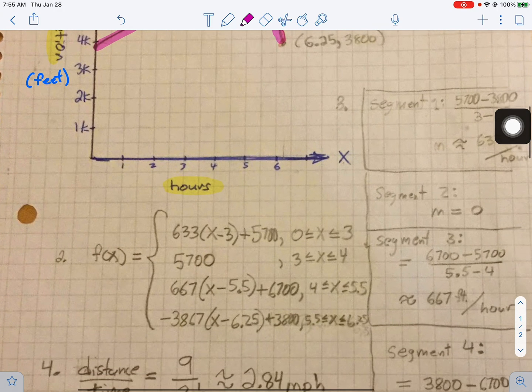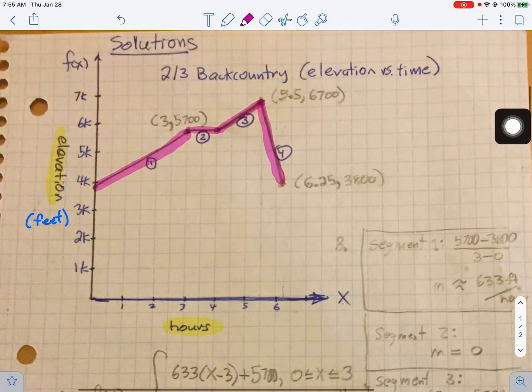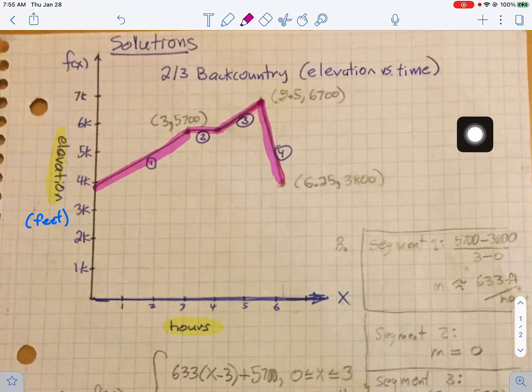And then from that, we can create a piecewise function here. The first function, I use point slope, 3, 5,700, which if you look at this, you can see there's a point at 3, 5,700.